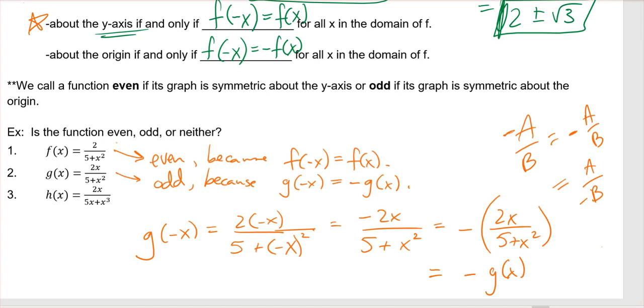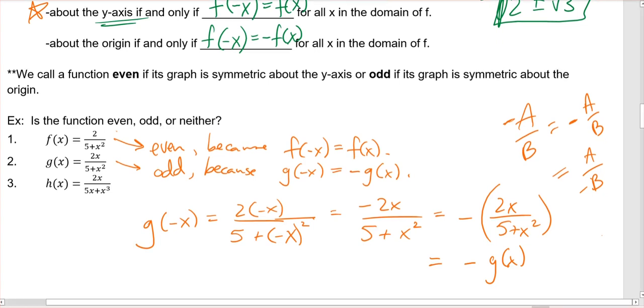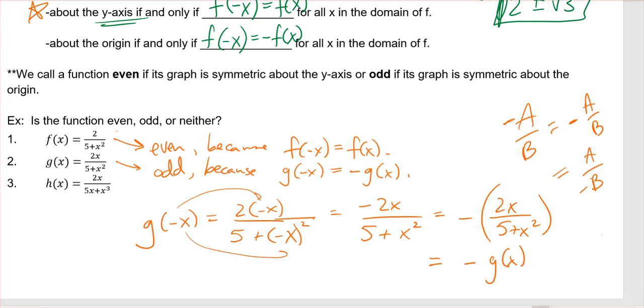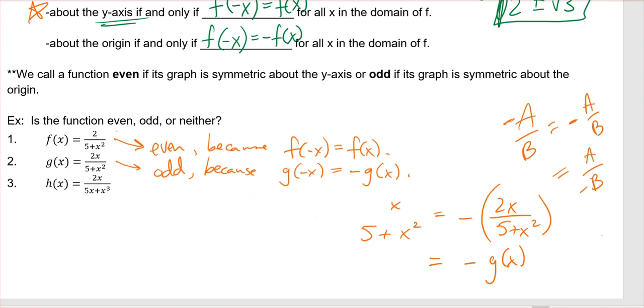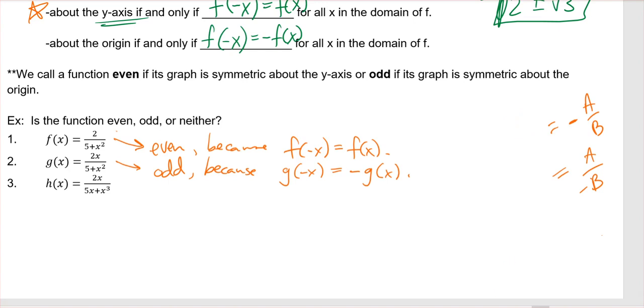Okay, so great. We just put a negative x in for x, and we simplify it, and we ask, is it the same or is it not the same? And if it's the same, well, we have that it's even. If it's not the same, we say either that it's got origin symmetry and it's odd, or like in this case here, that it's neither even nor odd, right?